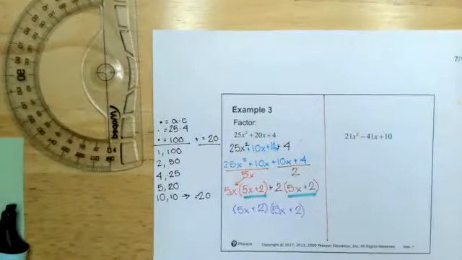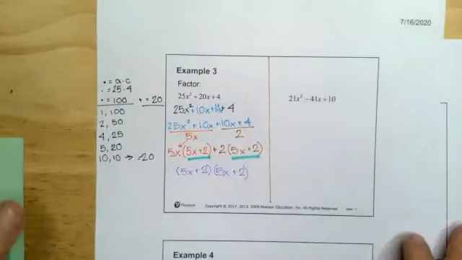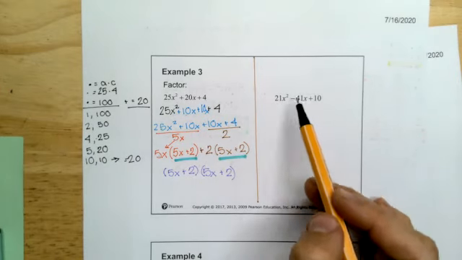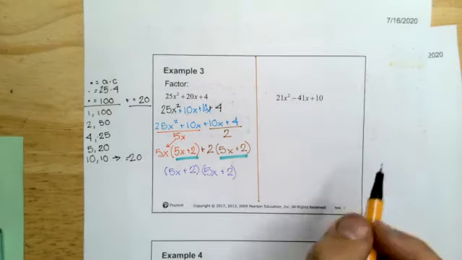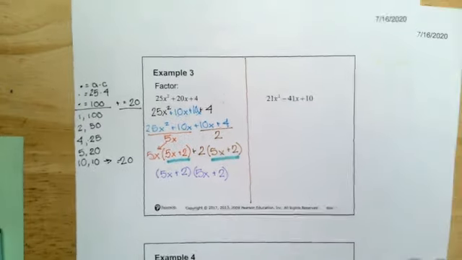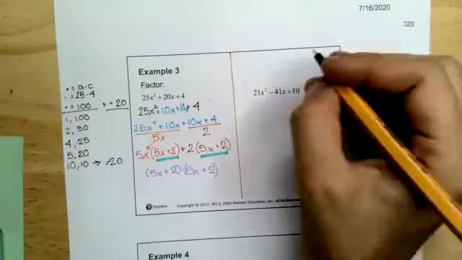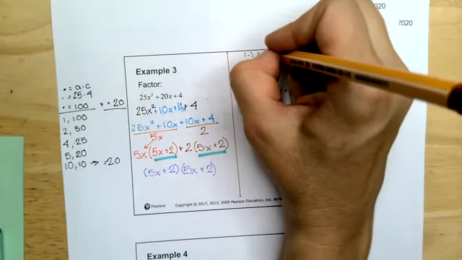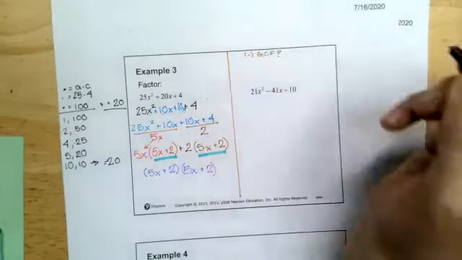Now we're going to do the exact same thing for 21x squared minus 41x plus 10, okay? Is there a greatest common factor? 21, 41, and 10. There is not. So let's multiply. First we did the greatest common factor. There was none.